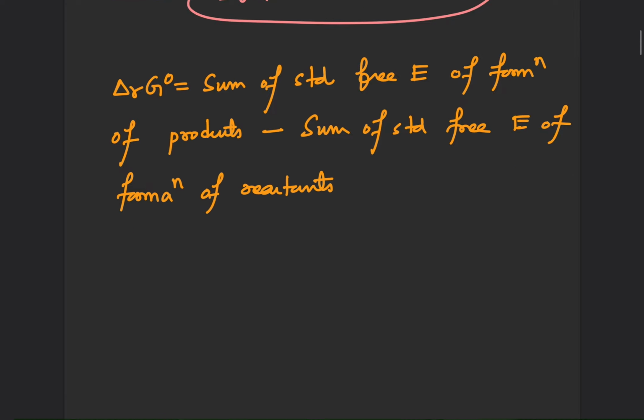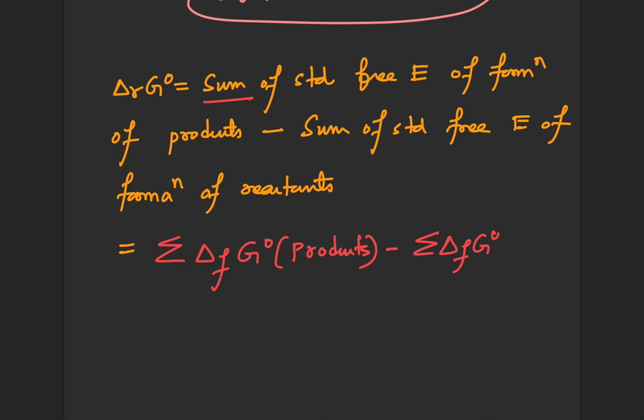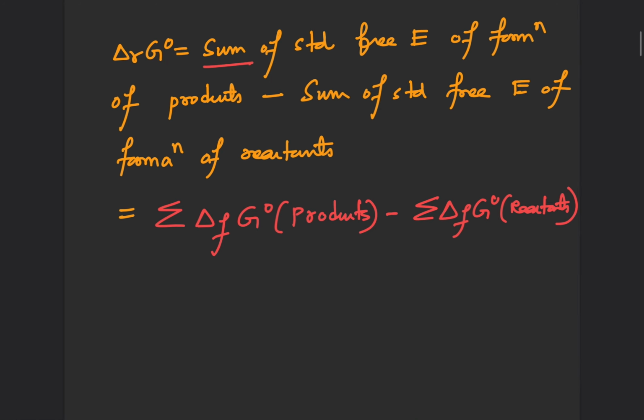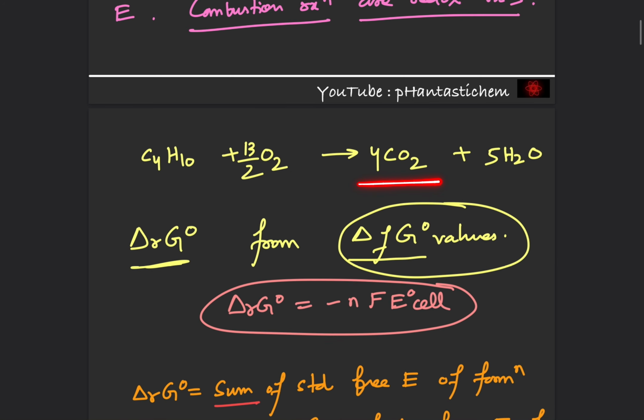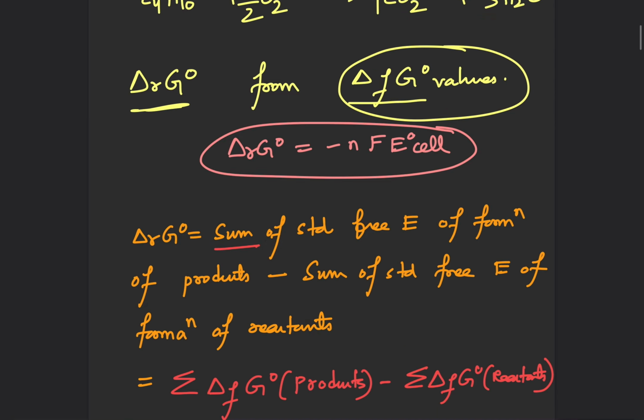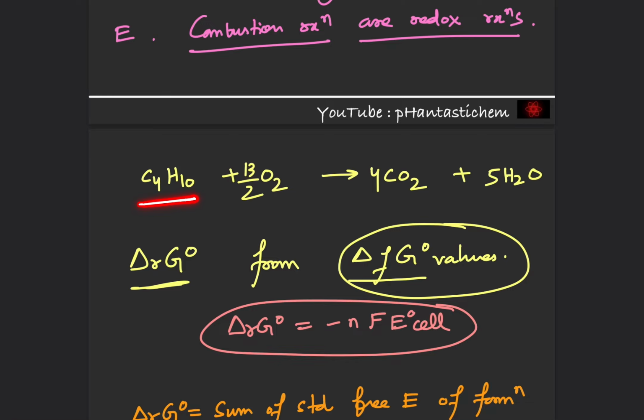From thermodynamics, instead of writing sum, we can use the summation sign: summation of delta F G naught of products minus summation of delta F G naught of reactants. And in the combustion equation, the products are 4 moles of carbon dioxide and 5 moles of water, and the reactants are 1 mole of butane and 13 by 2 moles of oxygen.